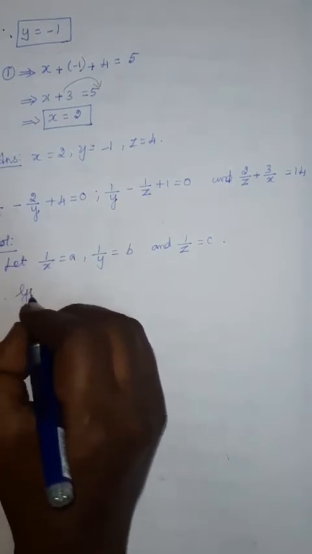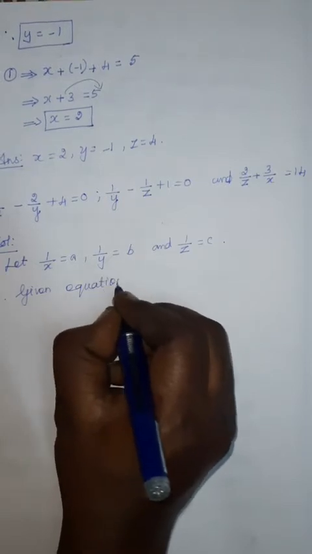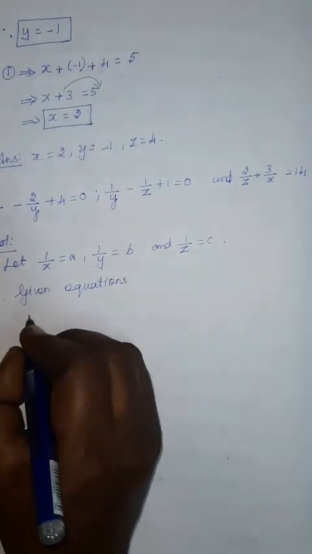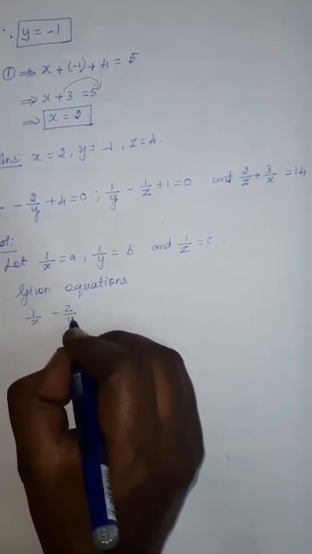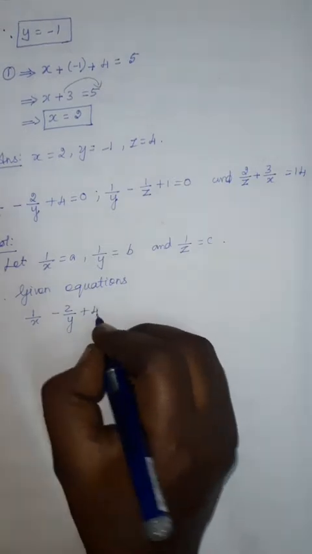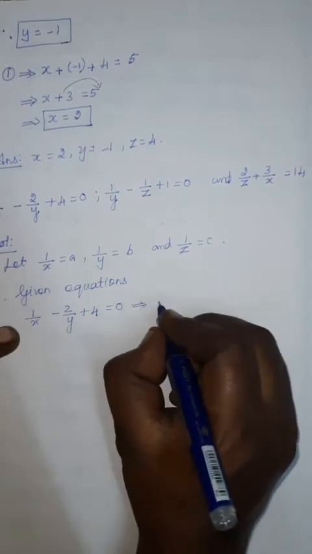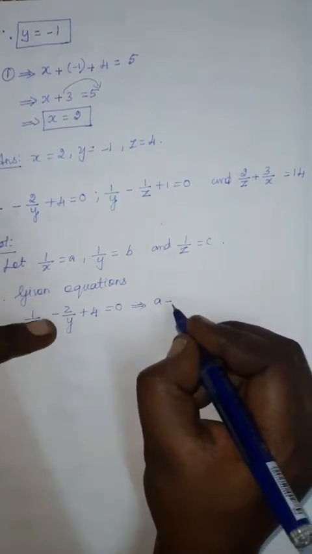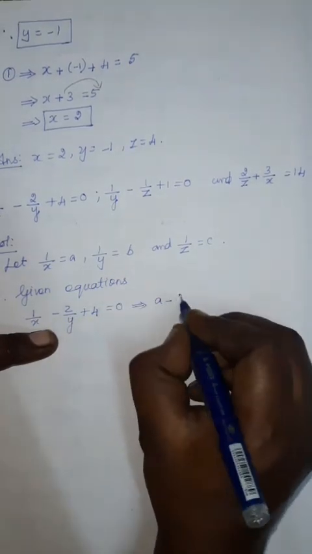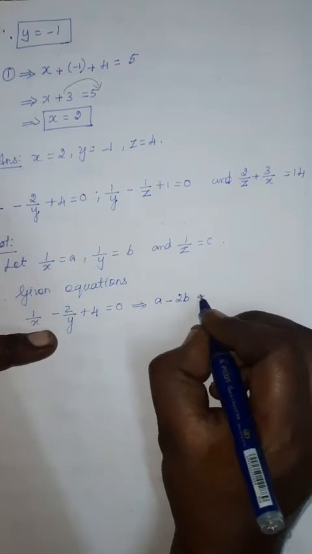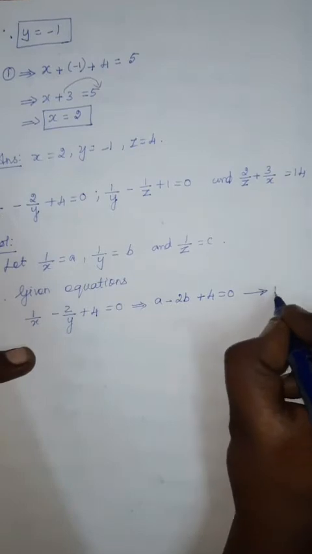Therefore, given equation 1 by x minus 2 by y plus 4 equal to 0 implies 1 by x will change to a, minus 2 by y means 2 into 1 by y. So 1 by y is b, so 2b. Plus here there is no z term, plus 4 equal to 0. This is equation number 1.